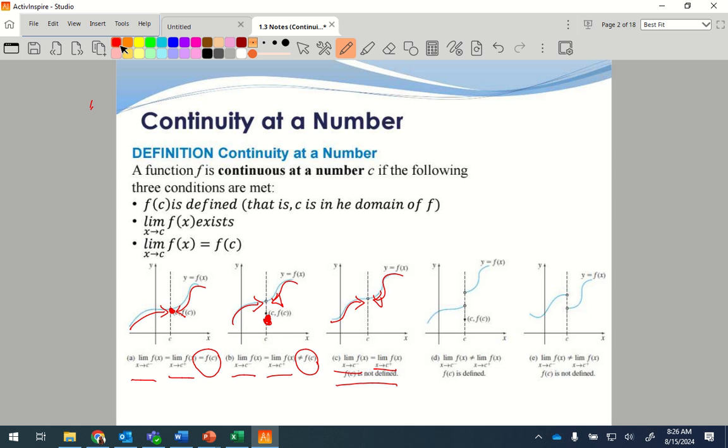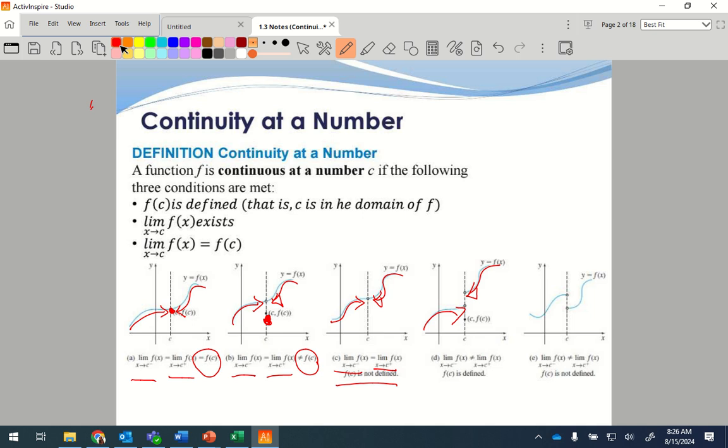At that singular point, it is undefined. There's an open dot there. Nowhere at that C is it defined, so it's always undefined there. This other one over here is defined, but not at that same point. This one is undefined no matter what C is. Okay, next one. Left side, right side.